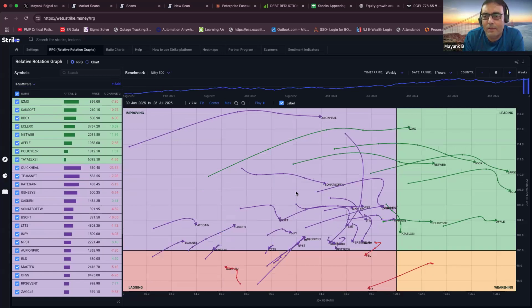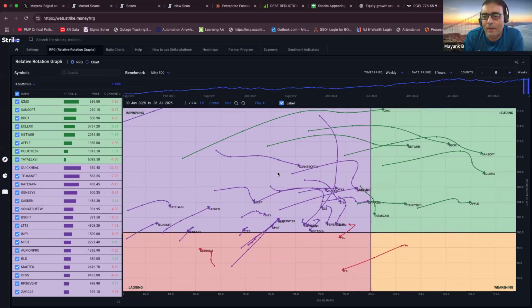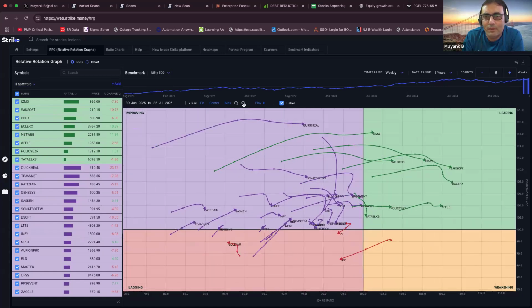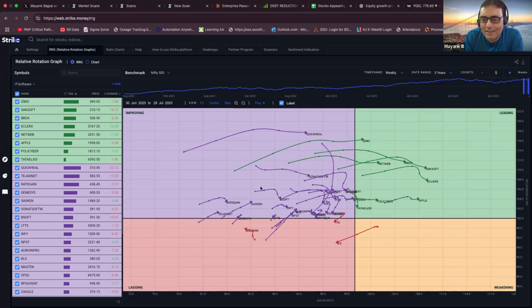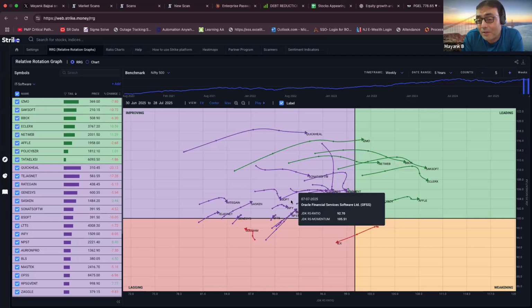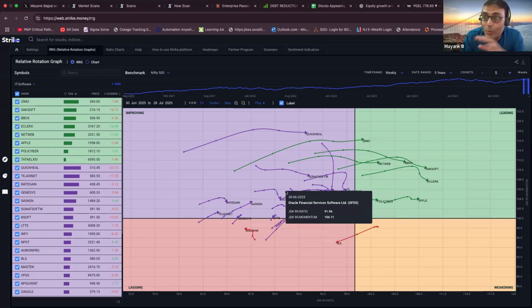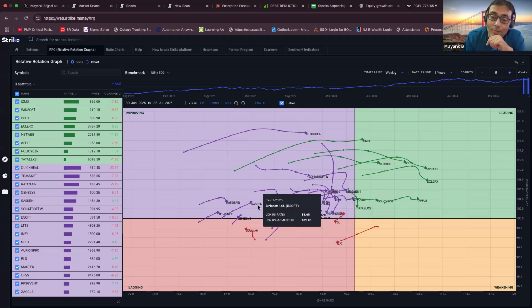If I zoom out, 90% of stocks are in improving, and most of them have a reduction in RS momentum. Look at this, the arrow has turned down. That means their momentum has reduced, and it is coming down to lagging. And very few of them are in leading.